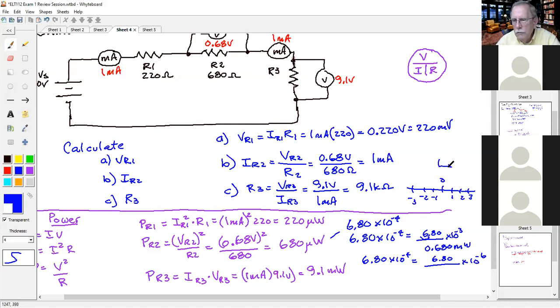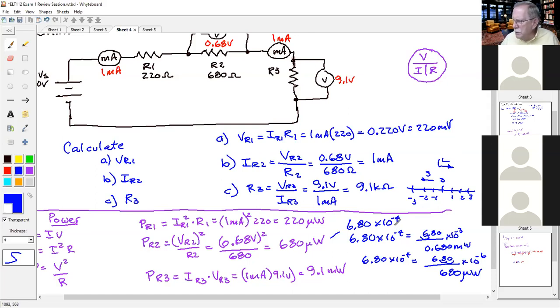Larger is moving that way, smaller is moving that way. So minus 6 is smaller than minus 4, and we're going to move to the right. 4 to 6 is 2 places, so we move 1, 2: 680 microwatts. So it's the same thing we did with changing prefixes, except there's no prefix.